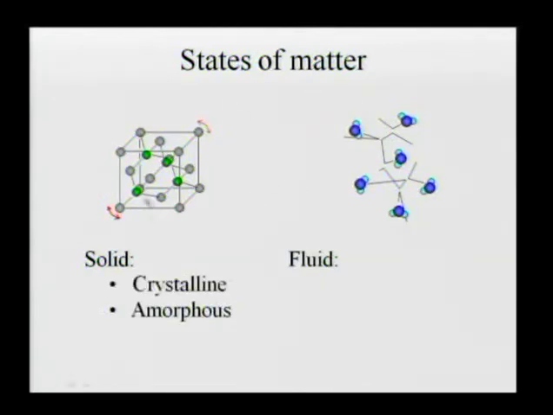In a solid, atoms are arranged in a particular lattice, a pattern, which is extended across a long range. We say that this type of solid is a crystalline solid. So if you take, for example, a crystal of sugar or a diamond, in a diamond the atoms are arranged in this configuration.